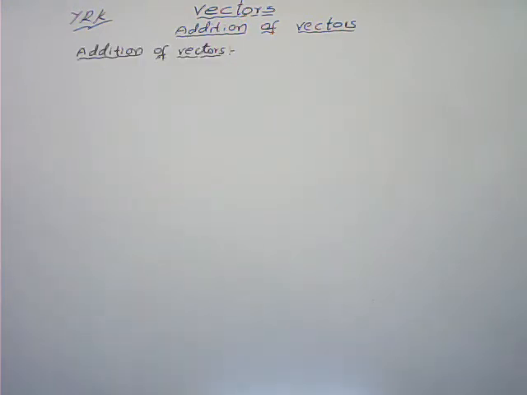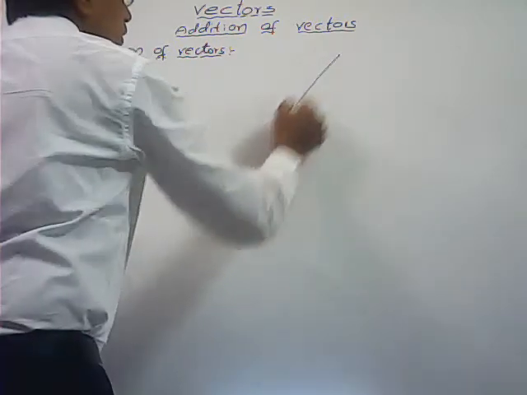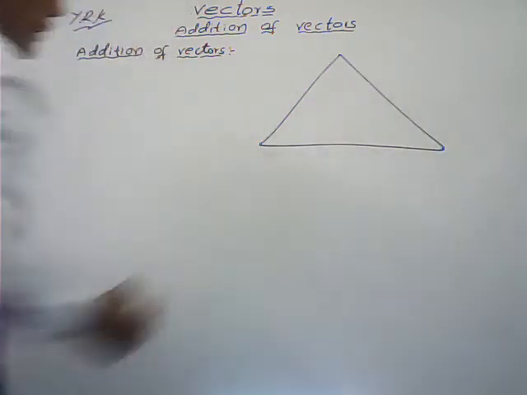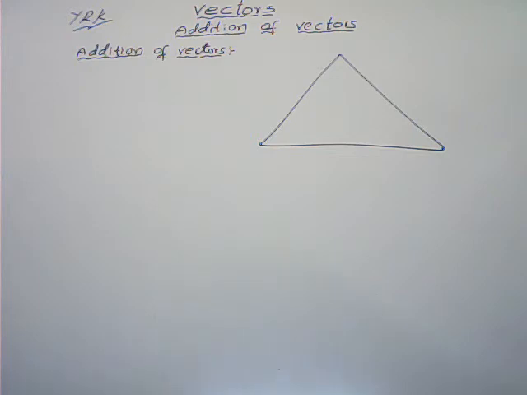Next, this is very important, addition of vectors. Here two types are there: one is the triangle law of addition, another one is the parallelogram law of addition. Here I am taking the triangle law of addition.